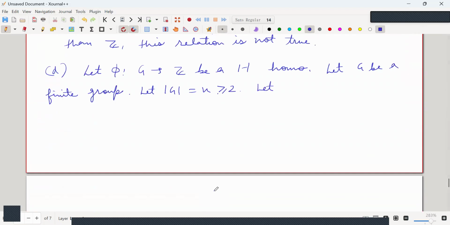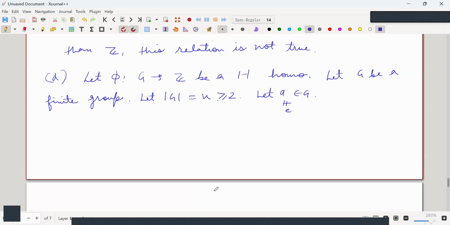So let a be some non-trivial element inside G. Then there will be some a in G such that phi of a equals 1. I'm assuming this to be an onto homomorphism, and then I want to show that there is some contradiction.